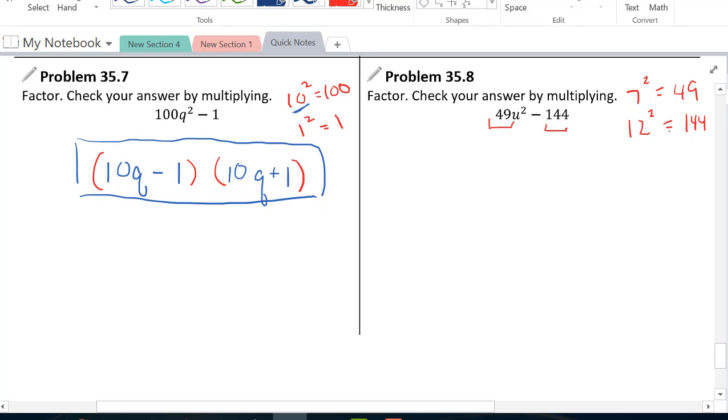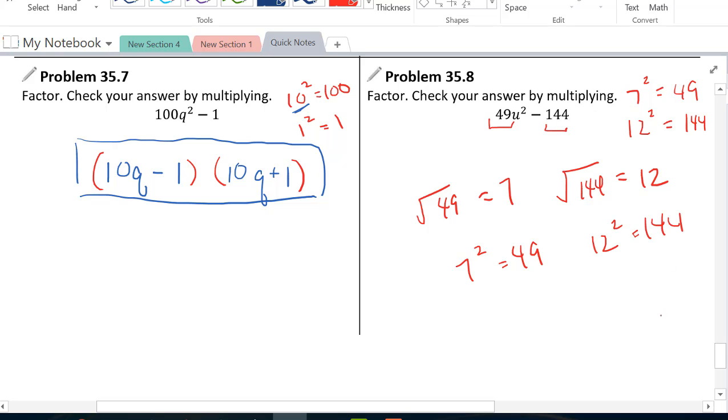If you didn't know this, another way you could have done it is to use your calculator and do the square root of 49, and that would give you 7. That means that 7 squared is equal to 49. And if you do the square root of 144, you will get 12, which means 12 squared is 144. So that's another way you can use your calculator to help you out with this.